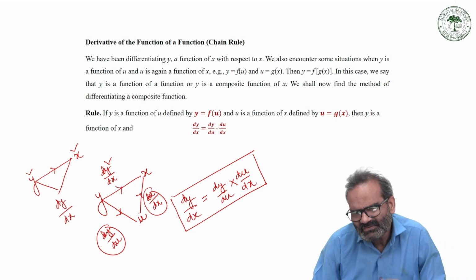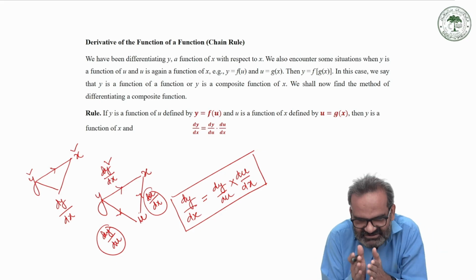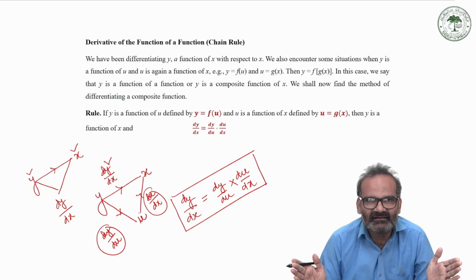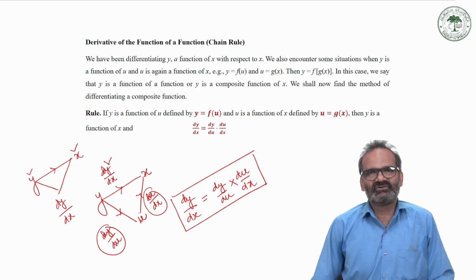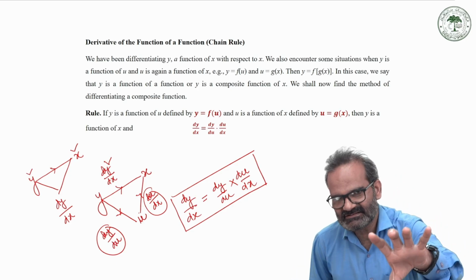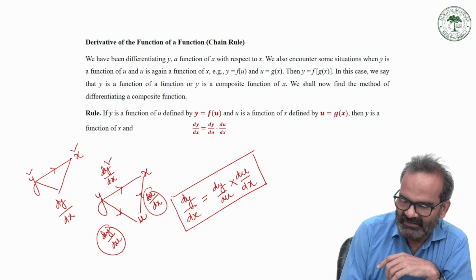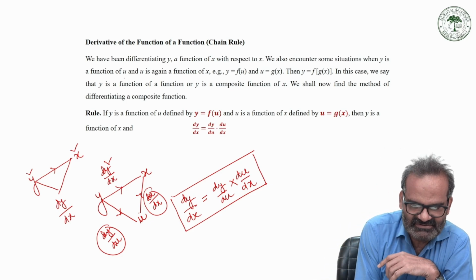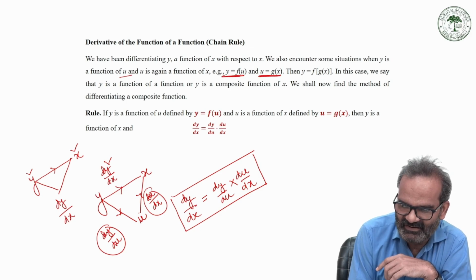We can also insert more than one variable in between y and x. So this chain will be extended, right? So this rule is also very useful to find the derivatives of various functions. And in this slide, this rule is being explained. See here, we encounter some situations when y is a function of u, and u itself is a function of x.